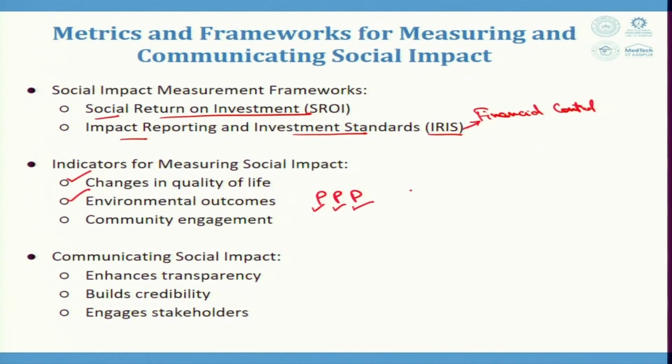That means environmental impact has to be positive, it should not be negative, or if not positive, it should be neutral. So, environmental outcomes, that is, have we reduced the pollution, or have we reduced the energy consumption, or have we reduced the material consumption?